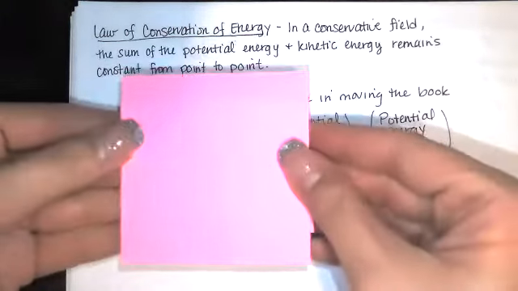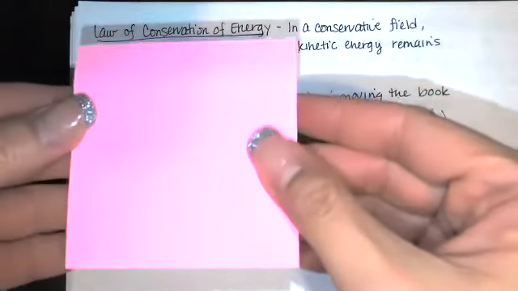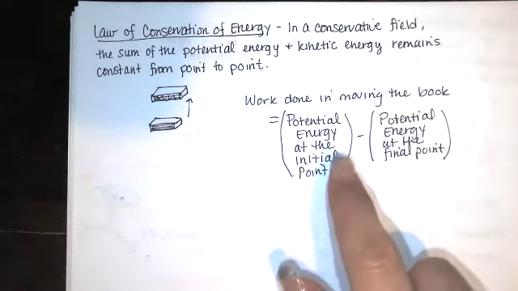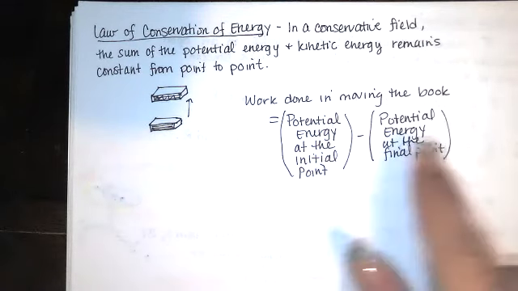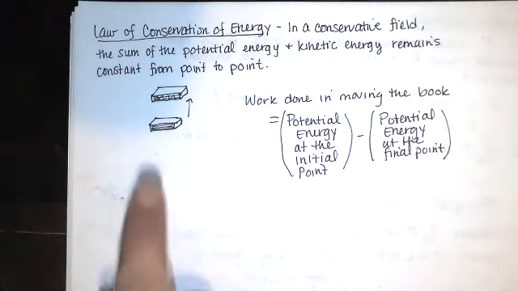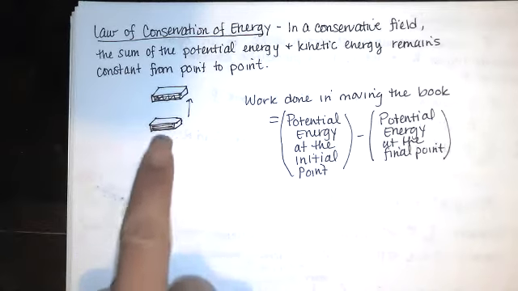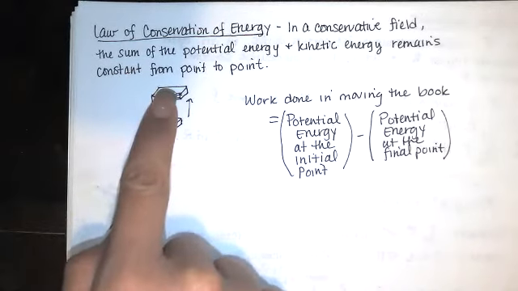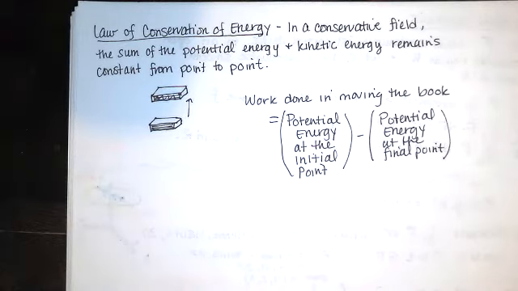If I start here and I end here, it does not matter what path I move through. All I do is subtract the potential energy at one point from the potential energy at the other, and that's the work. That's all you have to do. Super simple. I don't have to take this straight line path. I can take any path I want. If I start here and end here, the work done is the difference in potential energy.